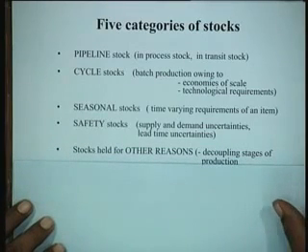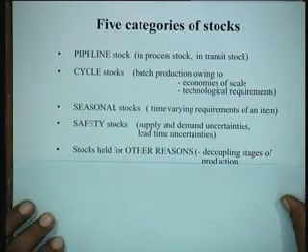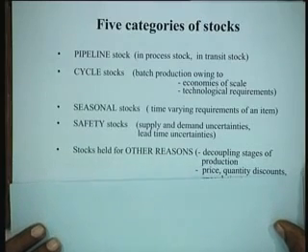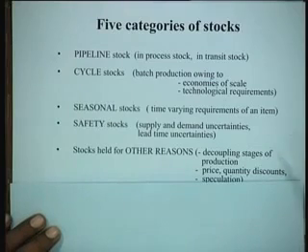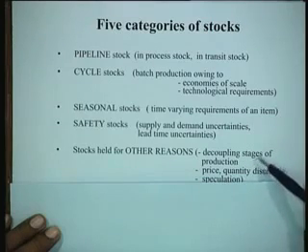There could be stocks held for other reasons. For instance, one of the major purposes of holding stocks for other reasons is the decoupling function as far as the inventory stages or the production stages are concerned.